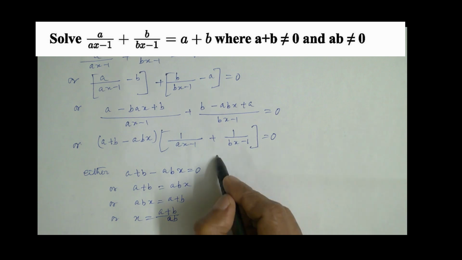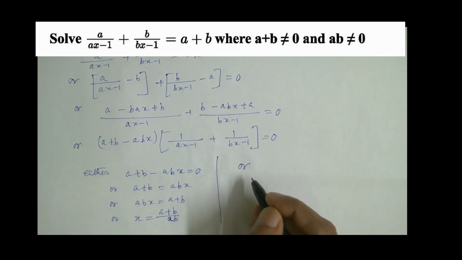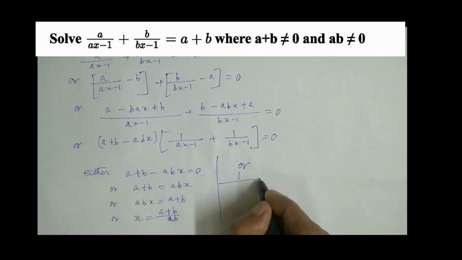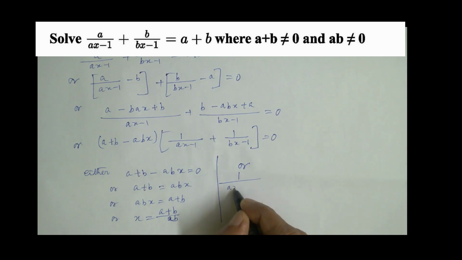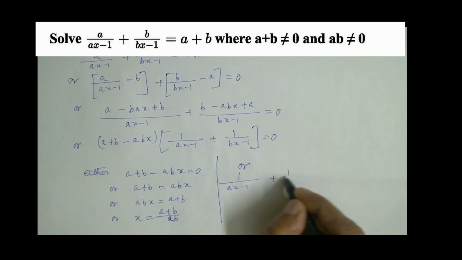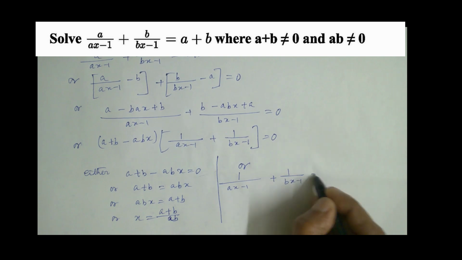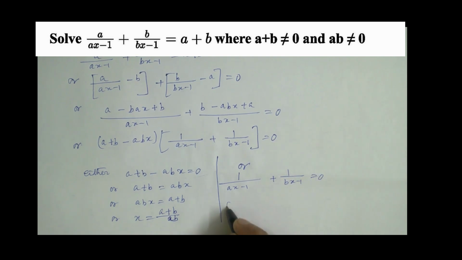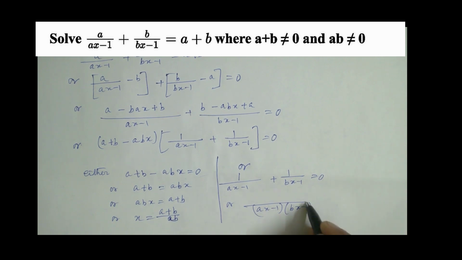Now writing, or 1 by ax minus 1 plus 1 by bx minus 1 is equal to 0. Simplify this, that means the LCM of ax minus 1 and bx minus 1, and here will be bx minus 1 plus ax minus 1 that is equal to 0.